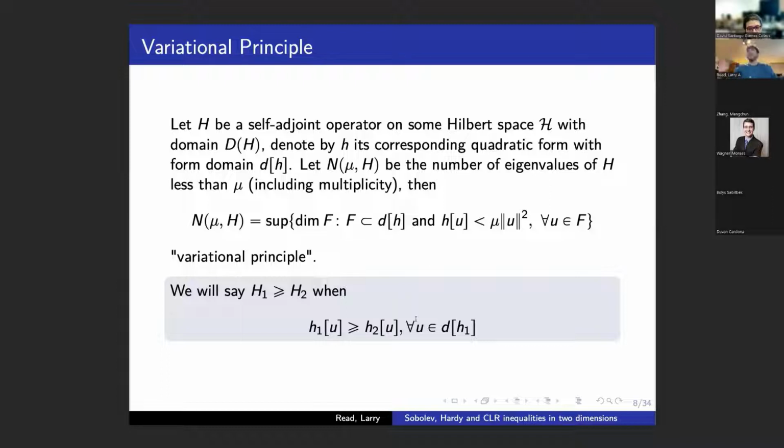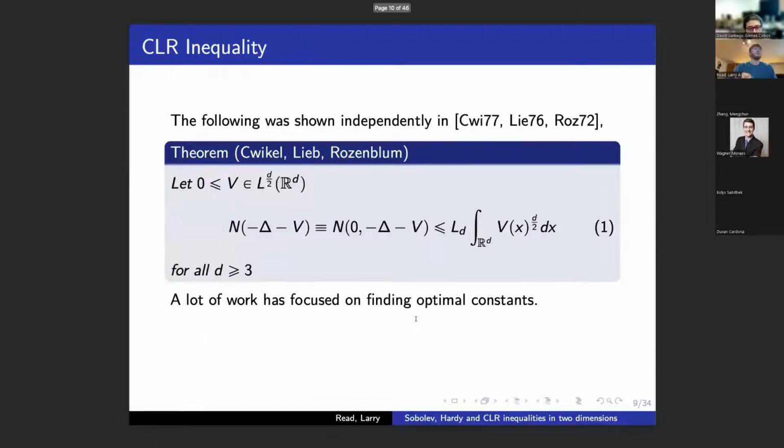So that's the main idea of the proof, actually, for our result, which we'll discuss after we introduce the CLR inequality. The CLR inequality is quite a famous result owing to Cwikel, Lieb, and Rozenblum, that says if you consider some positive potential in L^{d/2} on our real d-dimensional space, then the number of negative eigenvalues of the Schrödinger operator here is less than the L^{d/2} norm of the potential times some constant.